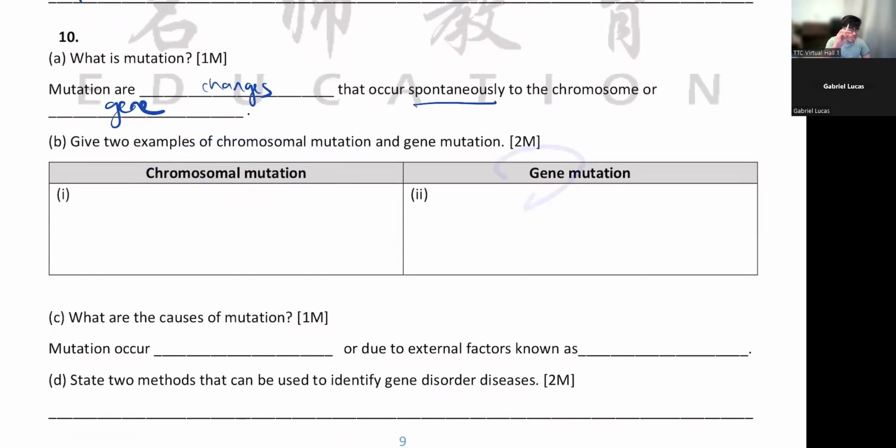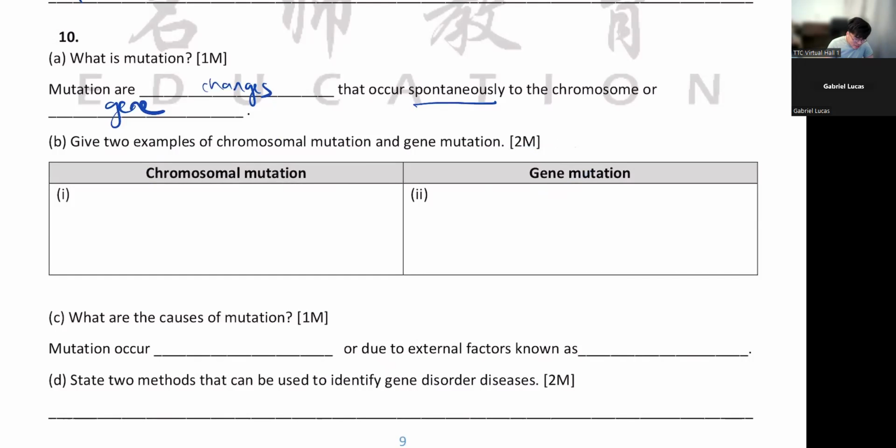Gene mutation is when one part of the chromosome is wrong. So which is more serious? Chromosome mutation is much more serious because you have one extra, one less, or one missing. Very, very serious. Gene mutation is not so serious because it's just one thing going wrong.